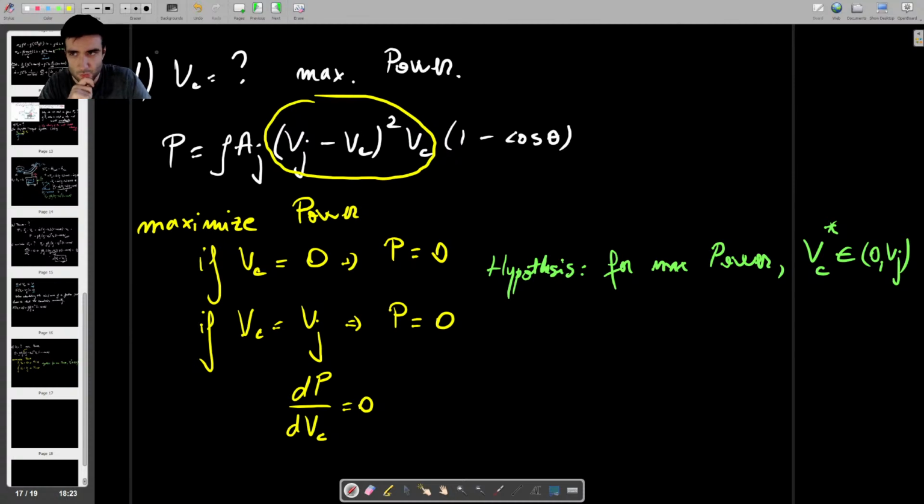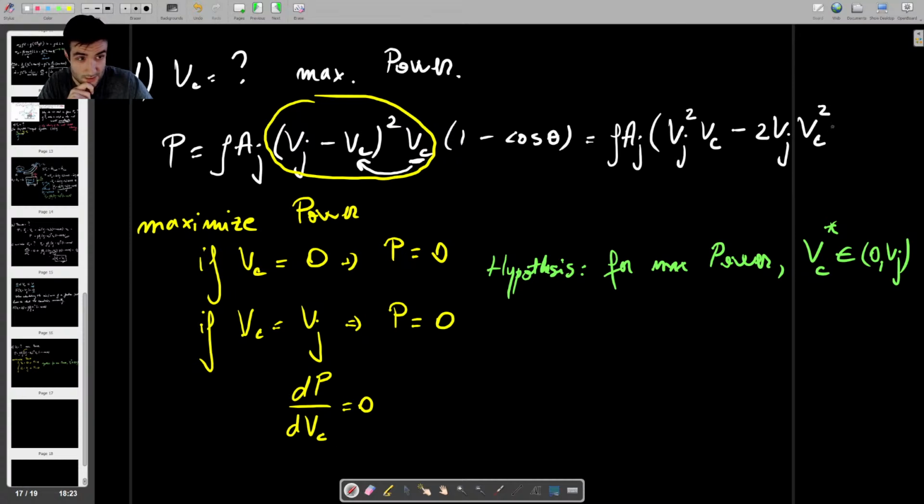then first of all, let me try to expand the bracket, and I want to take this and put it inside the bracket. So this is going to give me Vj squared Vc, and then I have minus 2 Vj Vc squared, and then I have plus Vc cubed, multiplied with that other thing, 1 minus cosine of theta.